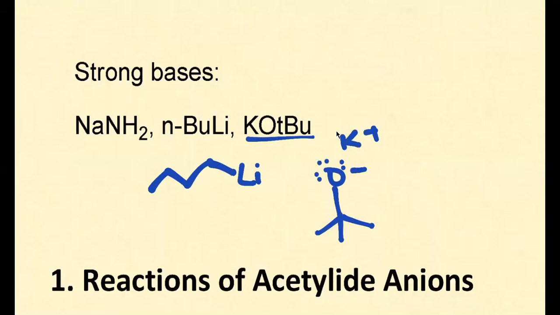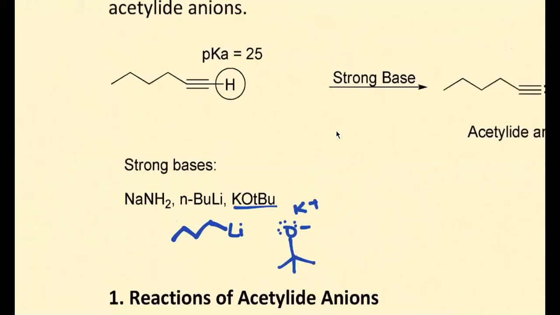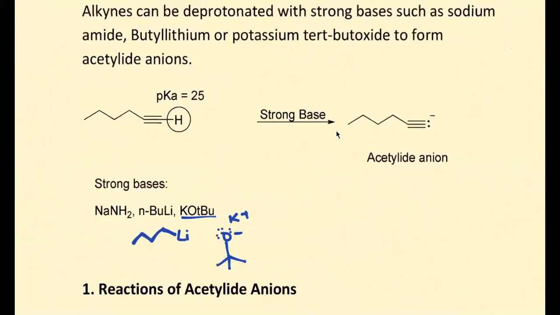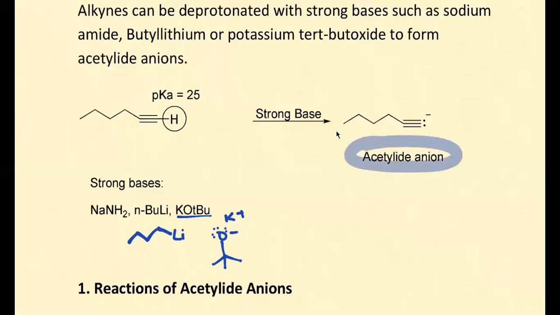And so any one of these bases is strong enough to pull off this proton, which has a pKa of 25. Right? And when you pull off that proton, you generate what's called the acetylide anion. Now, this can be a nucleophile, or it can be a base. It just depends on what context you use it in.